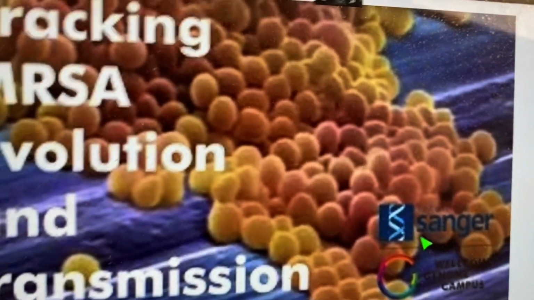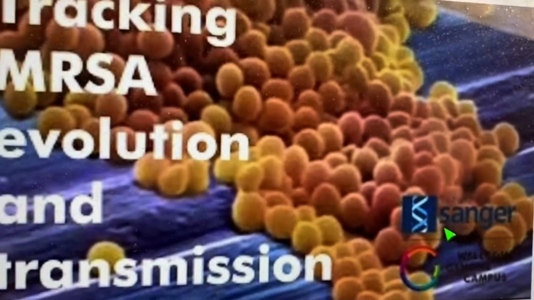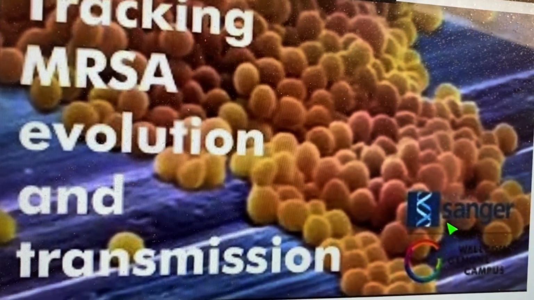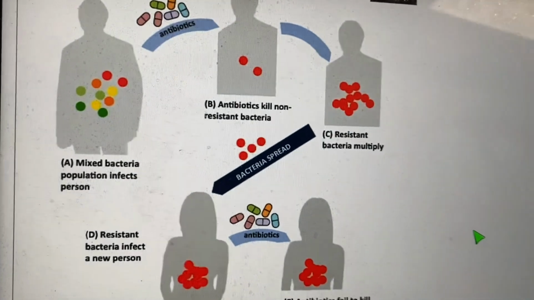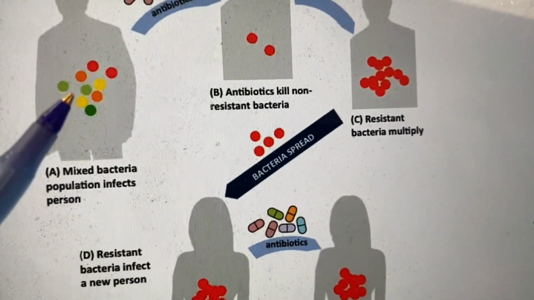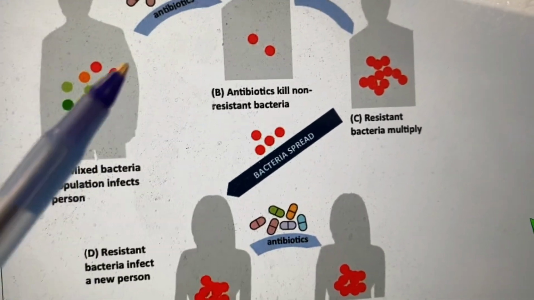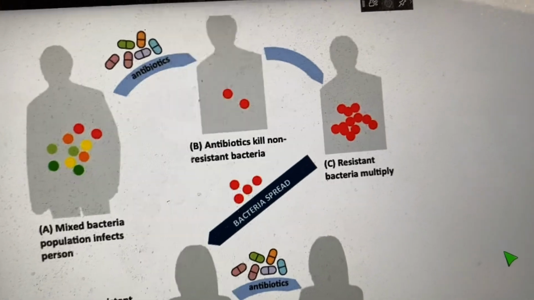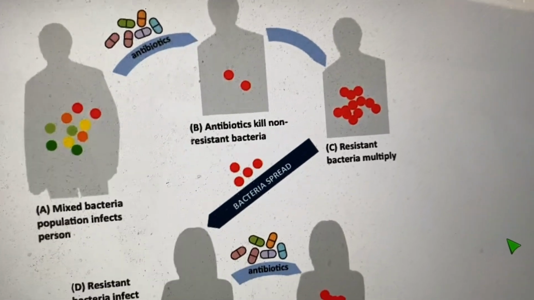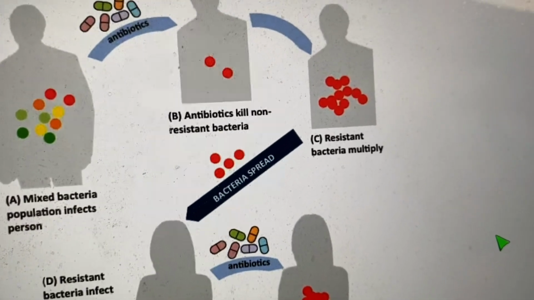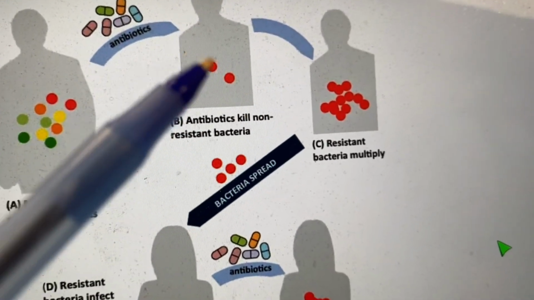Or how about MRSA? MRSA is maybe even a better example. 40 years ago, there was no MRSA on the planet, right? But MRSA is an example of natural selection in action, where people have bacterial infections. You take an antibiotic, and the antibiotic kills off 90% of the infection. Well, which ones doesn't it kill? It doesn't kill the ones that were toughest to kill because they were a little bit genetically different, right?